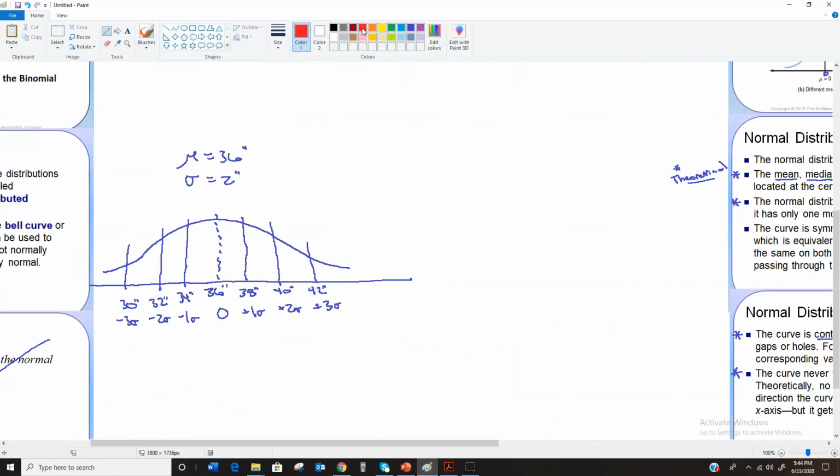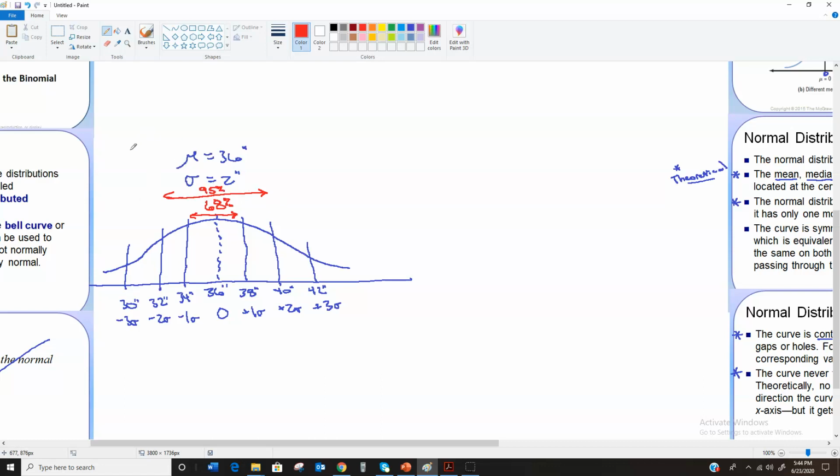If sunflowers were normally distributed with a mean of 36 and a standard deviation of 2, then the empirical rule says that within one standard deviation up and down, so down 2 inches, up 2 inches, you should see 68% of the data. And then the empirical rule says within 2 standard deviations, you should see 95% of the data.